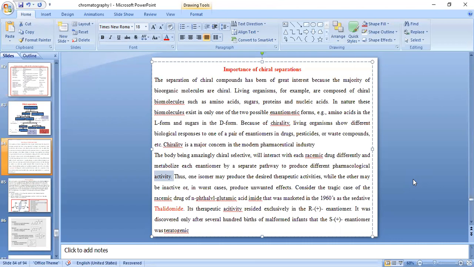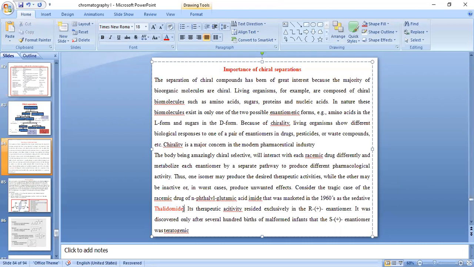One isomer may be active, the other isomer may be inactive, or it may have adverse effects. For example, a simple example here is the drug thalidomide, which was called a wonder drug. It was exclusively used for the treatment of morning sickness, that is nausea, for expecting ladies.